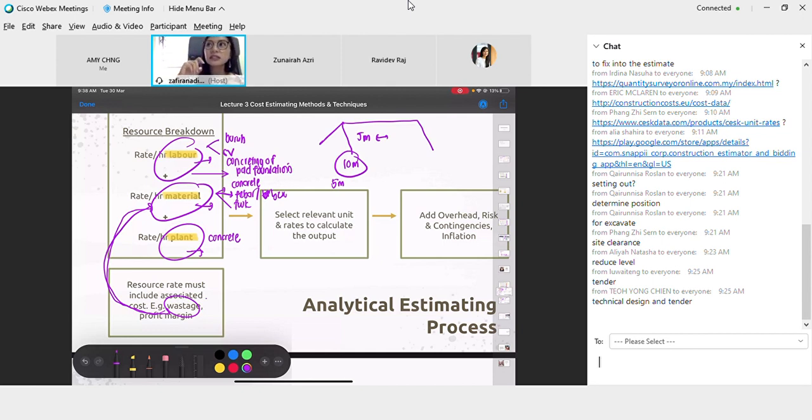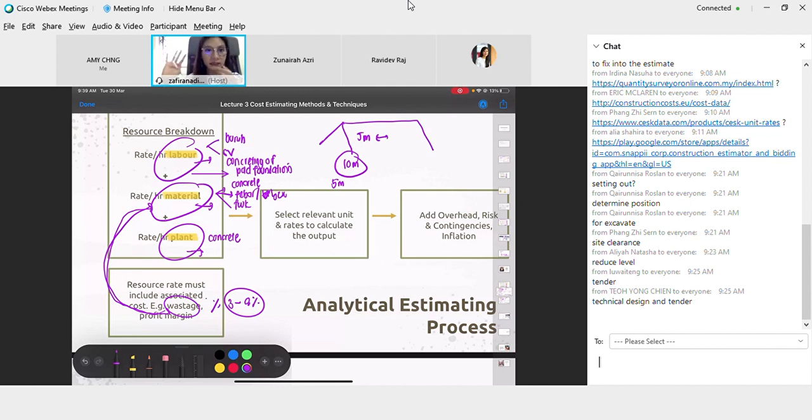Wastage ni selalunya kita tak kira ikut ringgit, kita guna percentage. The percentage varies lah from 3 to 8% depending. Macam mana nak guna 3 or 8 tu nanti ni lah yang you kena pandai. Bila you dah tahu work on site, later on you boleh tahu wastage dia sikit ke banyak.